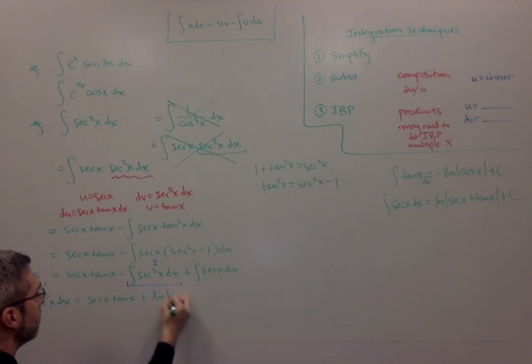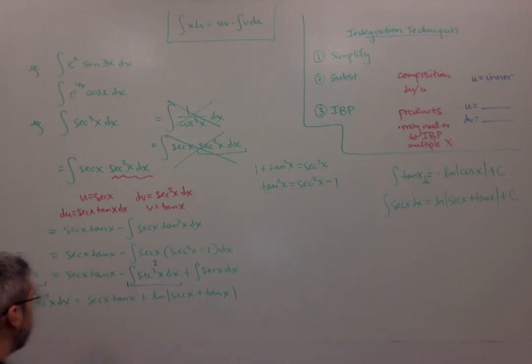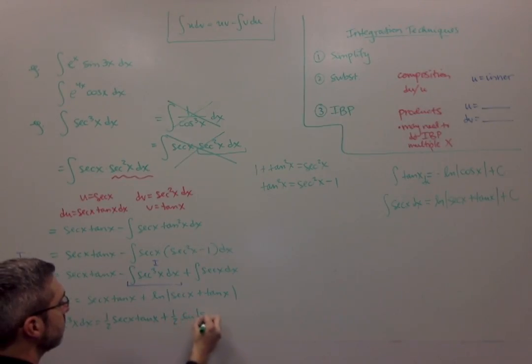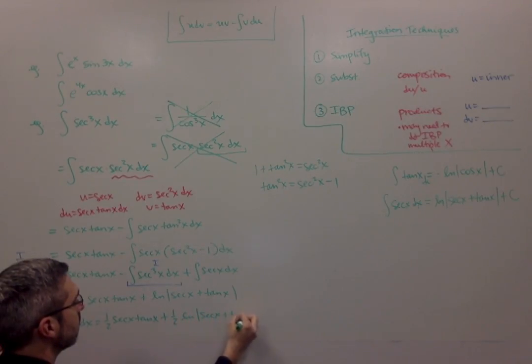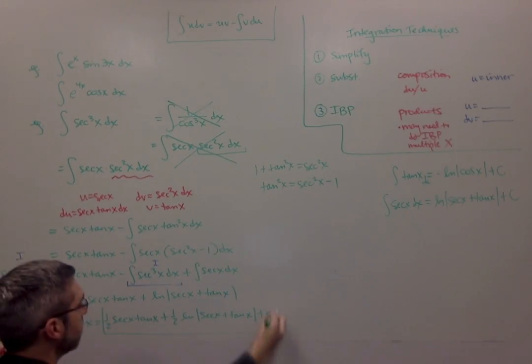That's natural log of absolute value of secant plus tangent. So now we can solve for the integral. It's 1/2 of this thing plus 1/2 of this thing plus C. Is that cool?